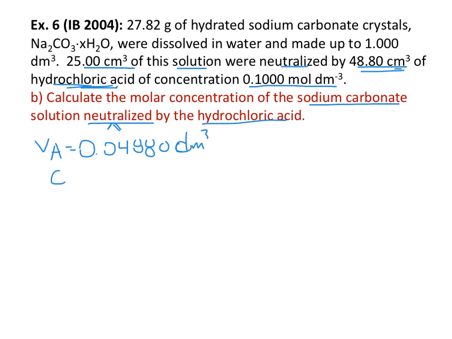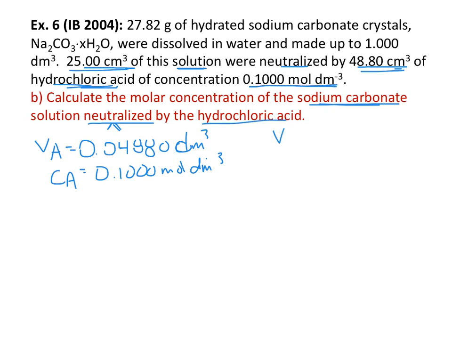Then the concentration of the acid they give is the moles per decimeter cubed with the acid, so it's going to be 0.1000 mole dm-3. They do give me this other volume. It just says of the solution. Well, what's the other substance involved here? Sodium carbonate.